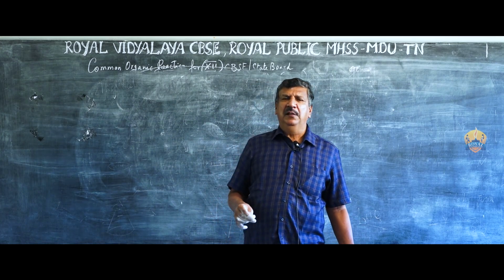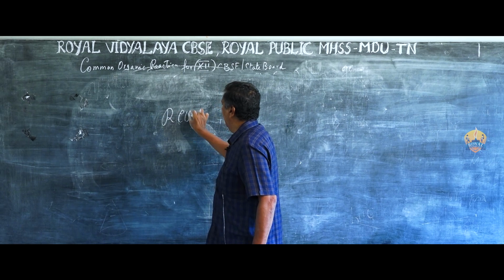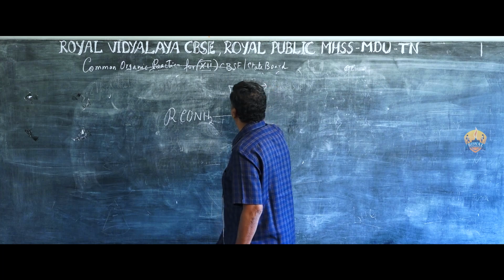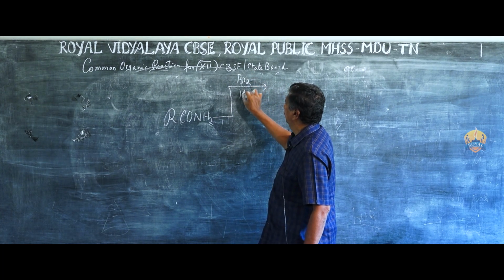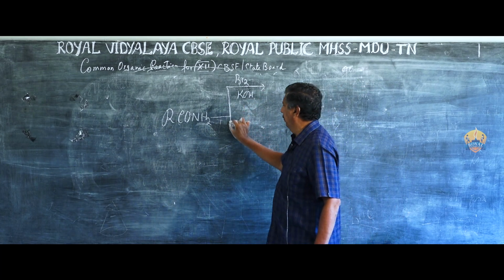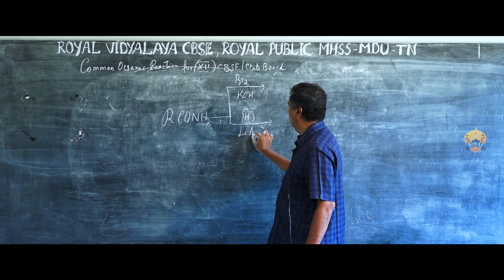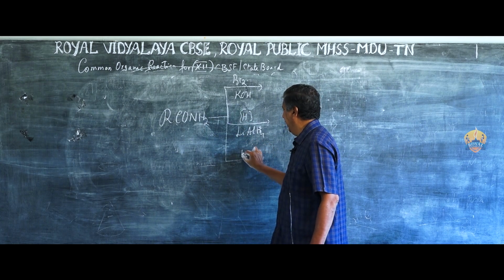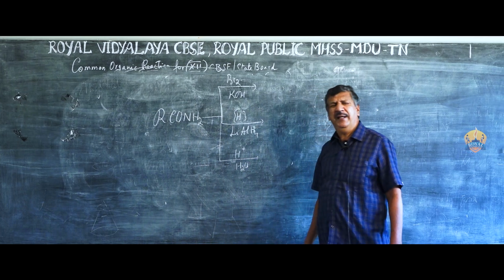Next one, we are going to talk about this type. RCONH2 with bromine alkali, or reduction. And I already told you hydrolysis. This is already mentioned, but again I'm just repeating.